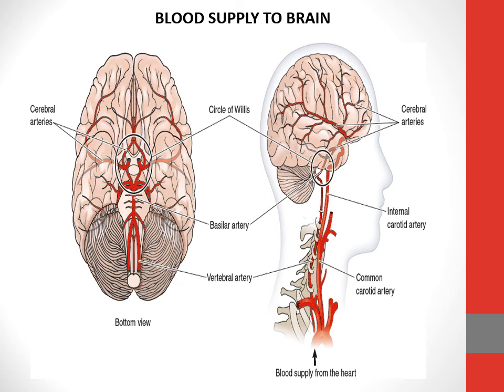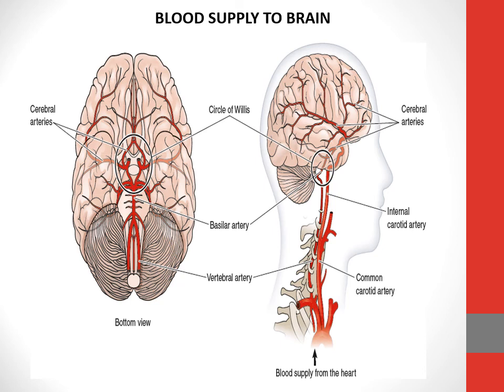Okay, so basically the two vertebral arteries become a basilar artery, and that goes up and meets the two internal carotid arteries, and they form what's called a circle of Willis. Okay, and from the circle of Willis is where you're going to get blood going anteriorly.